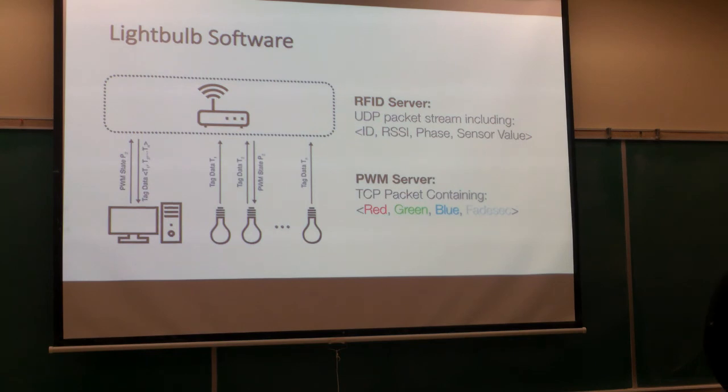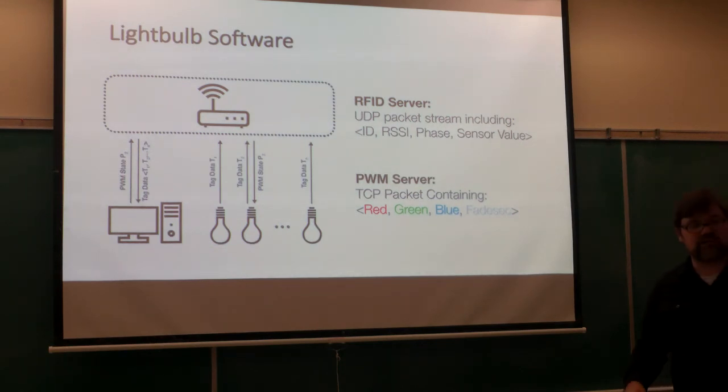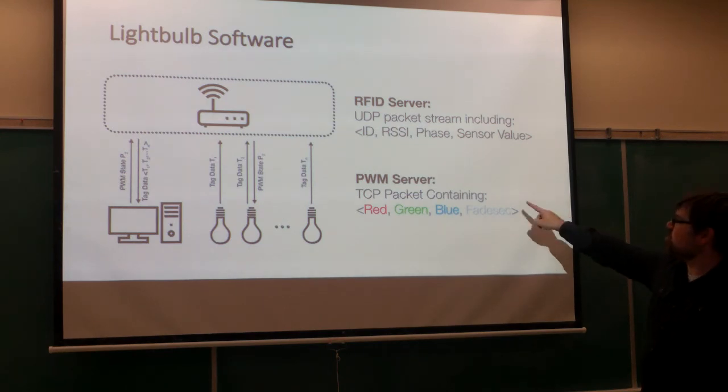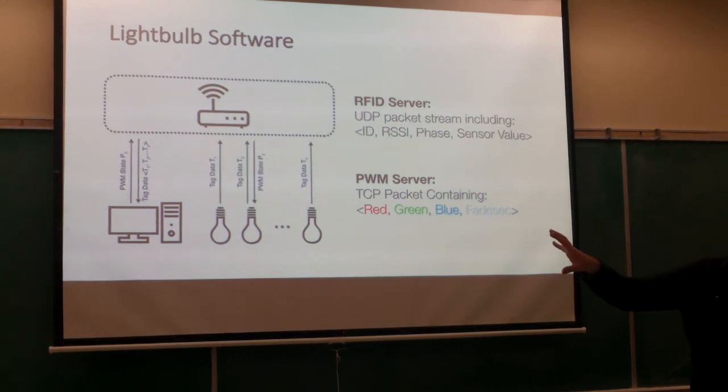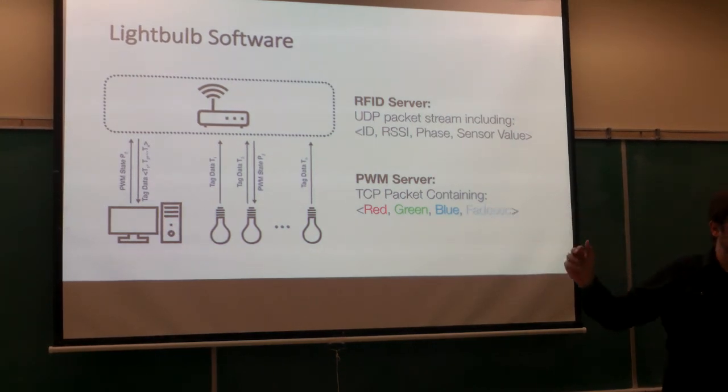It gives you the RSSI and phase value that I showed you on the first slide. And then it could also send you a sensor value. One type of tag that we used was a temperature sensor, where you can stuff a temperature reading directly into one of the RFID readers. And then finally, there's also another server application where the back-end infrastructure will consume these sensor readings, and then it can decide to change the lighting of the lights themselves.